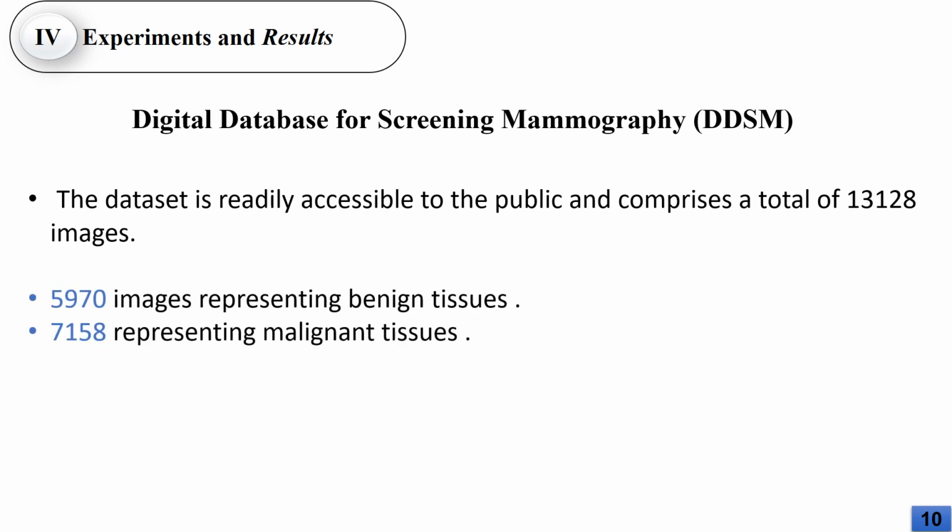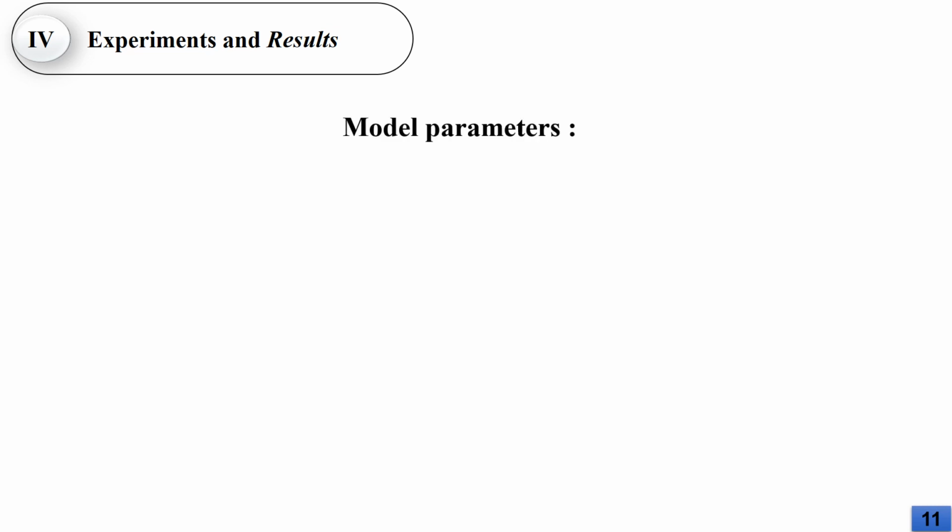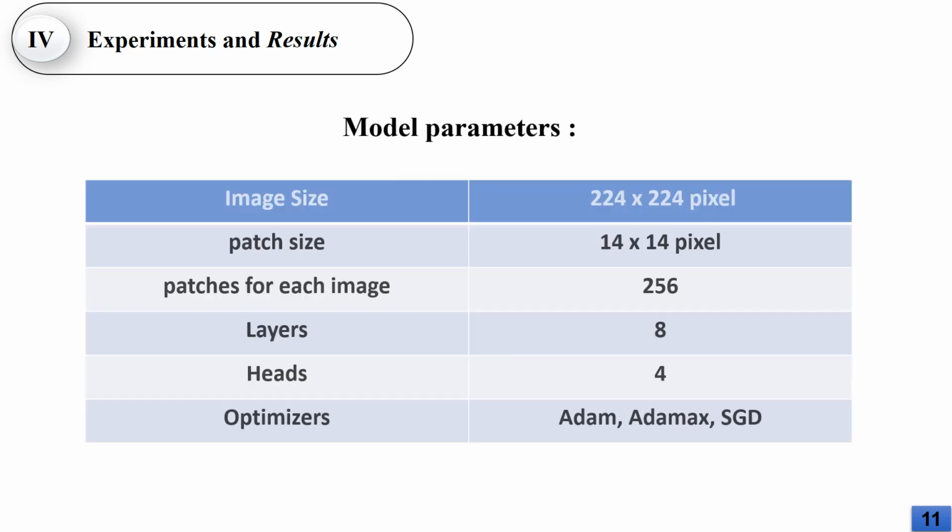For benign disease, there are 5,970 images, and for malignant images, there are 7,158 images.